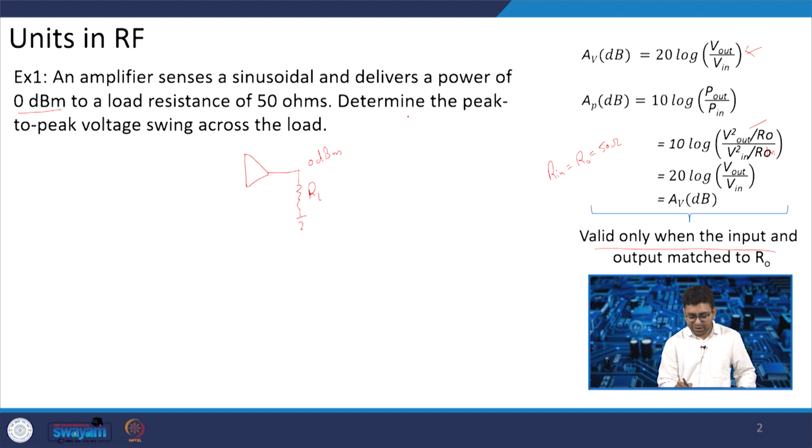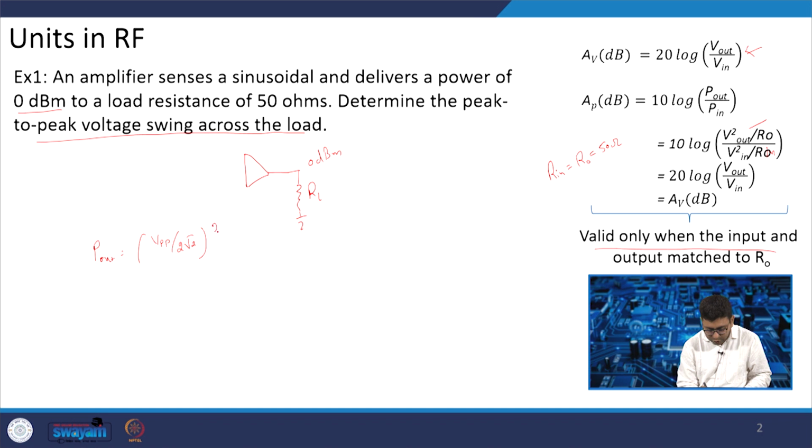What we need to find is the peak to peak voltage swing across the load. We can directly find it from P out, which is equal to (V peak to peak divided by 2 root 2) square upon RL.